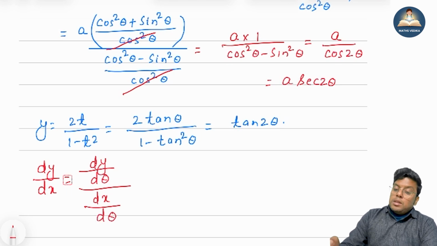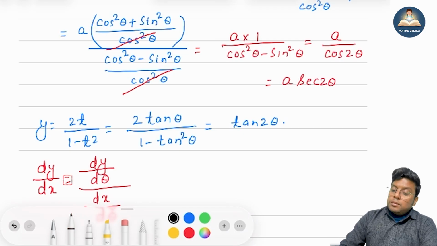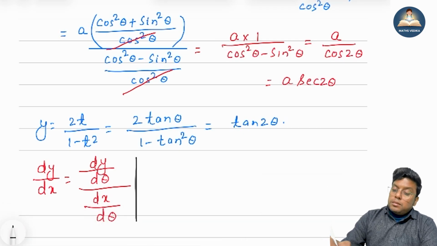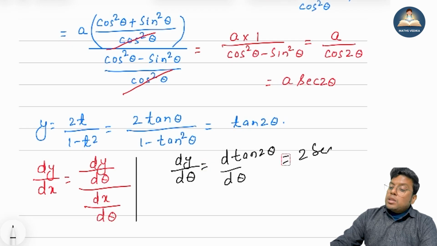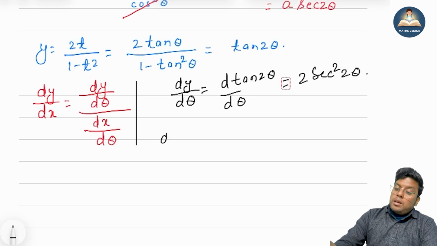Here dy by d theta will be the differentiation of tan 2 theta with respect to theta, which is 2 sec square 2 theta.